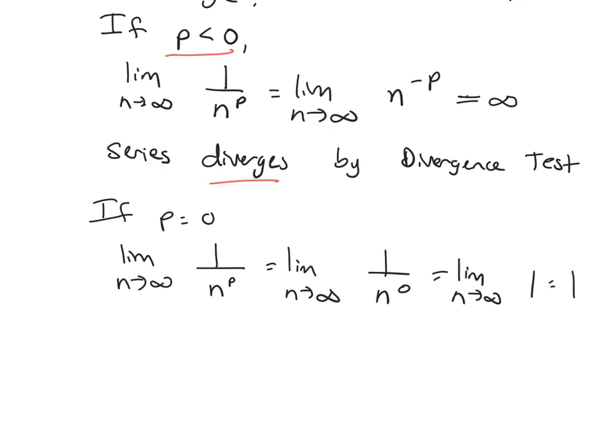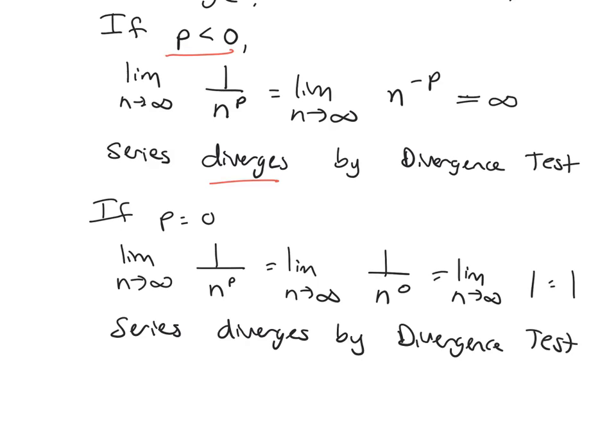So I can again say the series diverges by divergence test. Okay, so if p is 0, it diverged. All that's left is now considering the case when p is positive. Okay, so let's look at that.